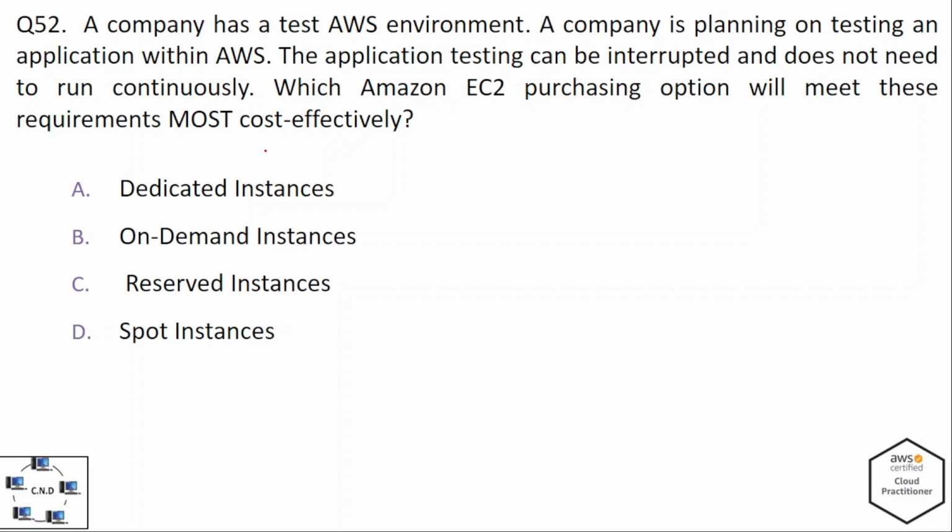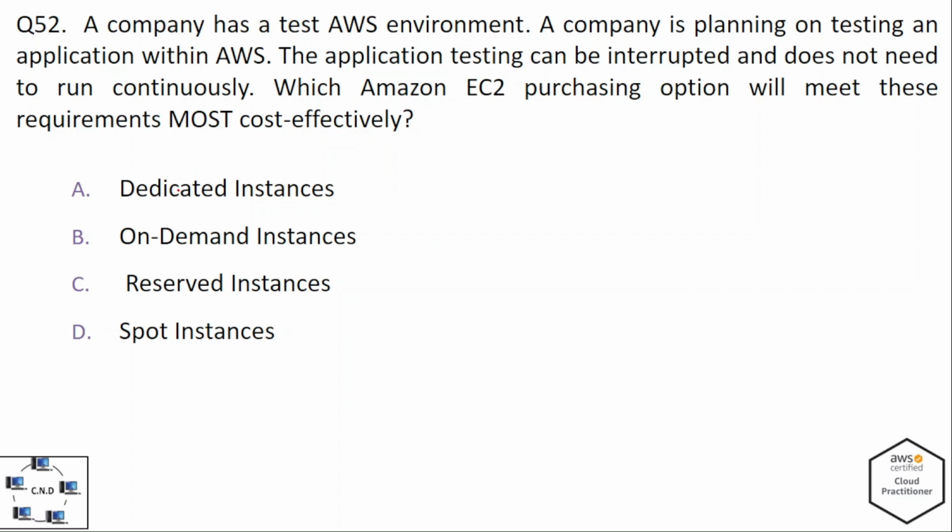Question number 52 is that a company has a test AWS environment. A company is planning on testing an application within AWS. The application testing can be interrupted and does not need to run continuously. Which Amazon EC2 purchasing option will meet these requirements most cost effectively?